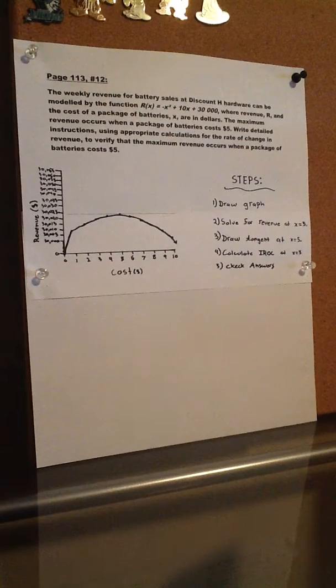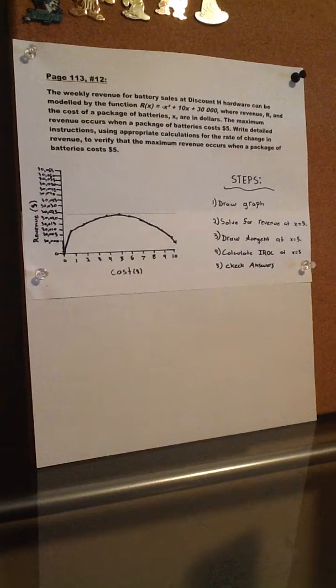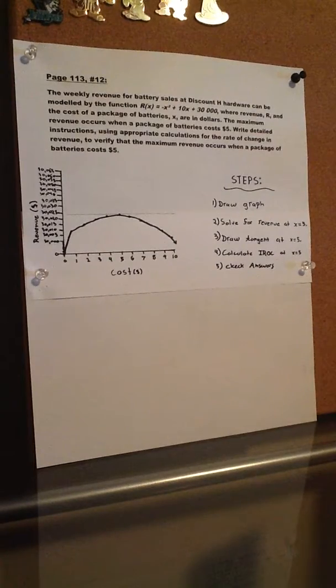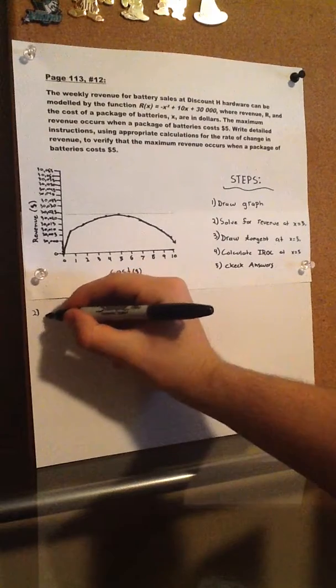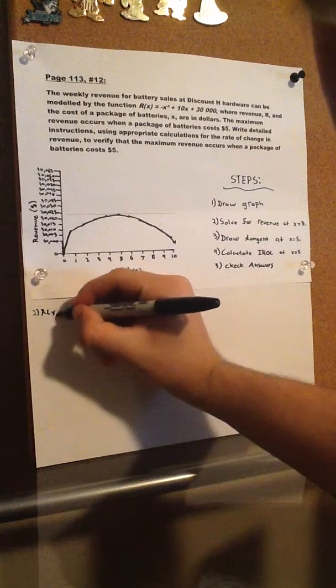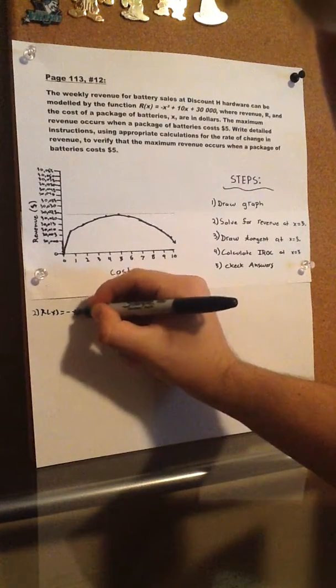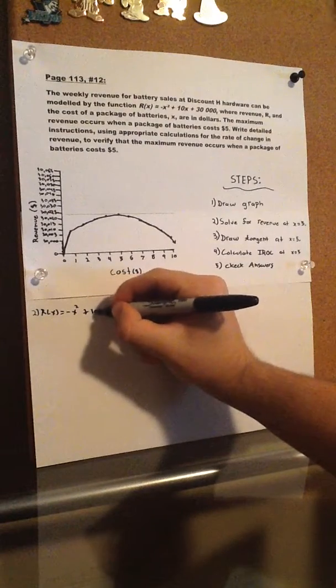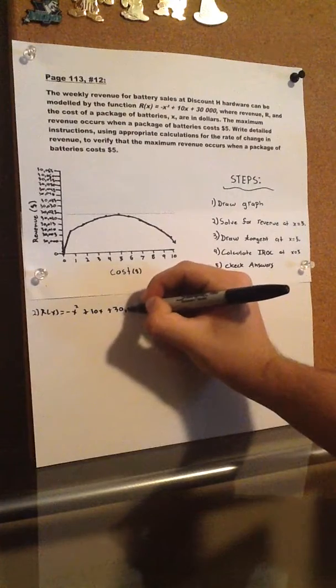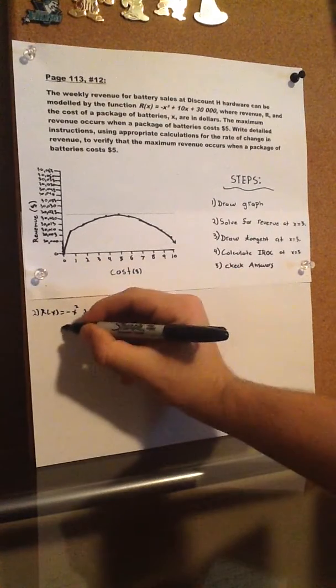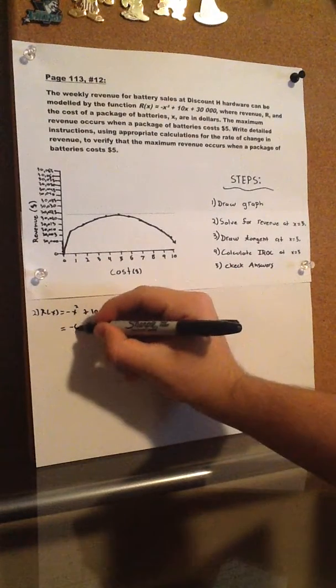Next, we can algebraically solve to find our revenue when the cost is $5. We can do this by plugging x equals 5 into the original equation. So the original equation states that r of x equals negative x squared plus 10x plus 30,000. So now I'll plug x equals 5 into the equation.